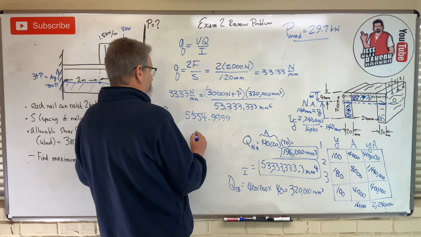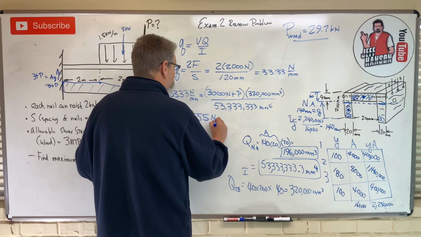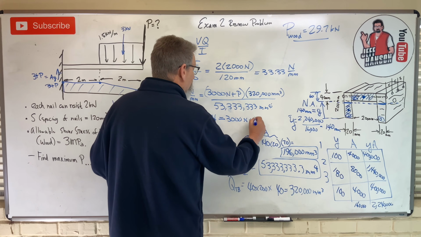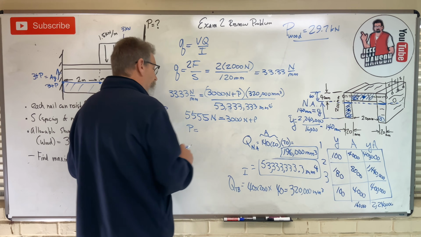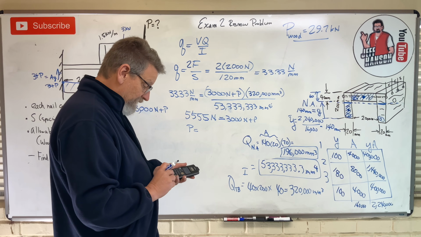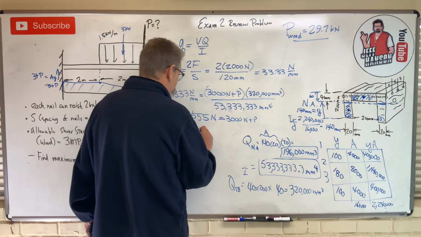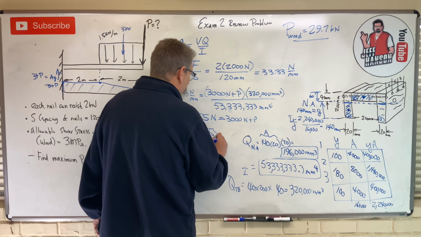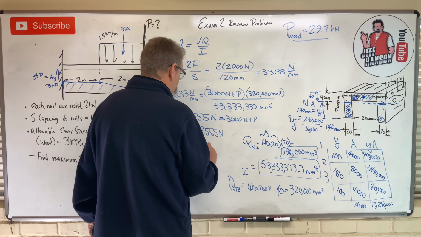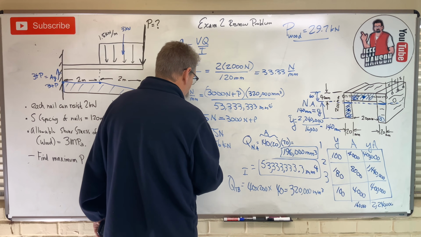Let's call it 55. Newtons equals 3,000 newtons plus P. So P is equal to 55 minus 3,000. I can't believe I put that in my calculator. 2,555 newtons, or 2.56 kilonewtons.